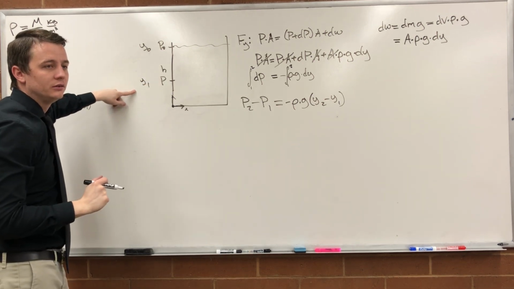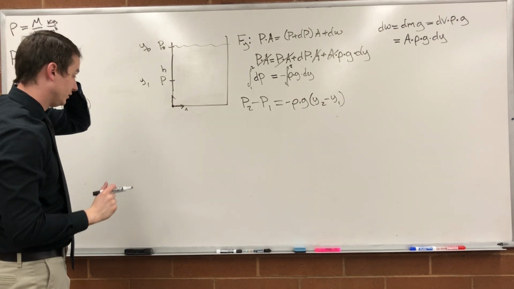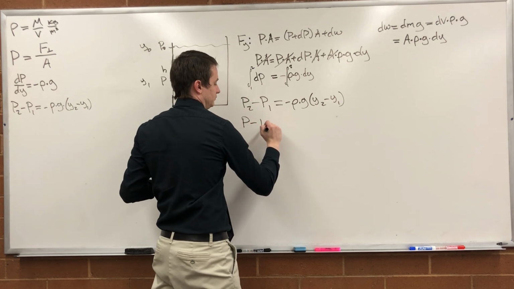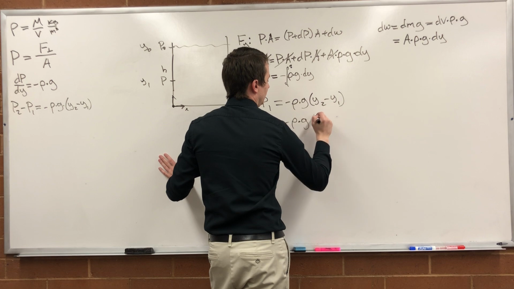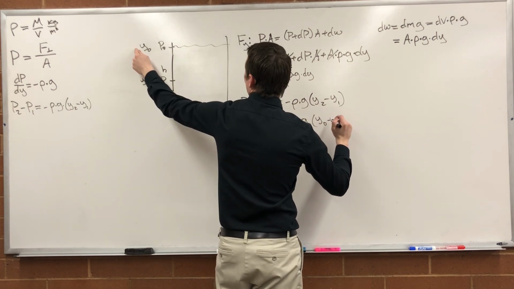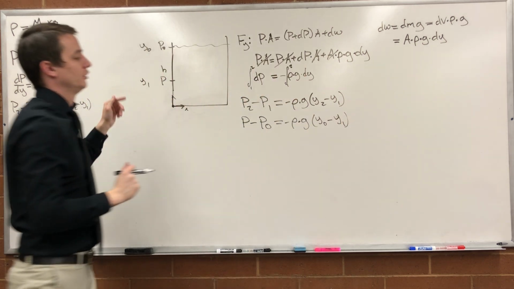You with me? So if we plug that into this equation, let's see what we get. We get P minus P naught is equal to negative rho times g times y naught minus y1. Good so far?